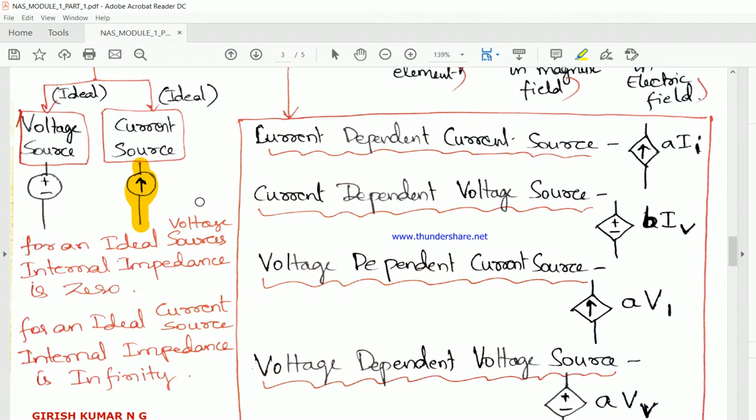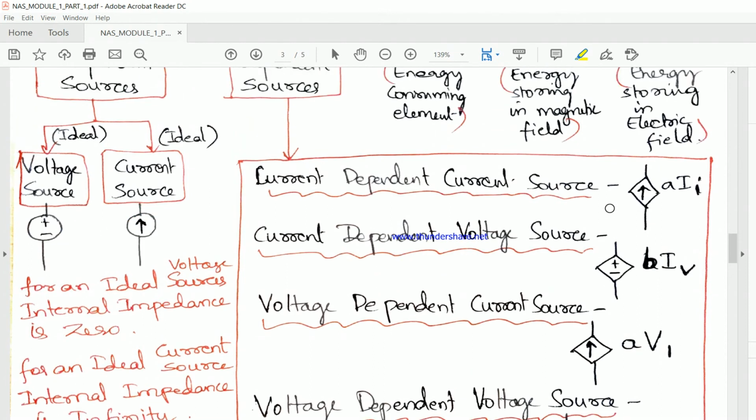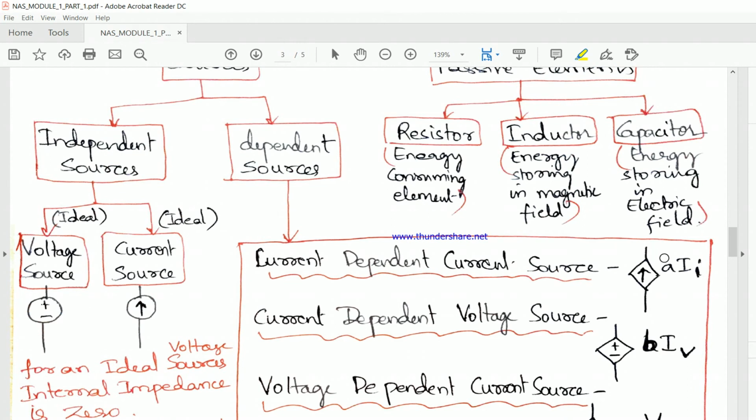A current source with an upper arrow mark says the positive polarity. So this upper arrow says this is plus and this is minus. You should be very careful. When you see an arrow, it is a current source. When you see plus and minus polarity, it is a voltage source. Very important.